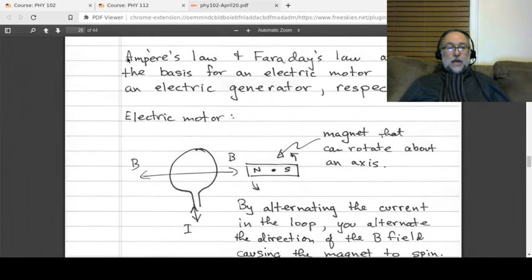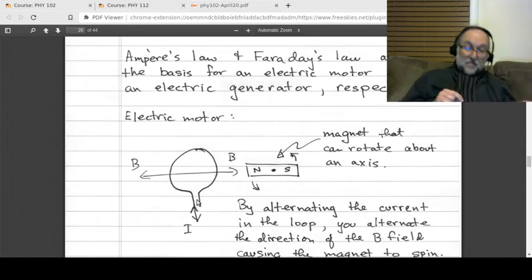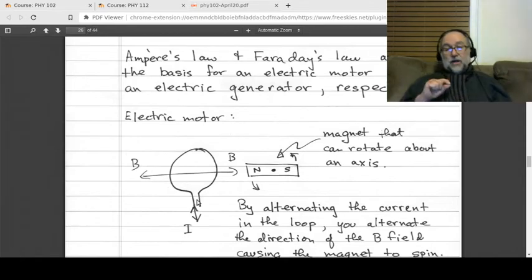And so here, an electric motor, how does it work? Well, we have a loop of wire like that, and we don't just apply the current in one direction, we apply an alternating current. So one moment the current is traveling one way, and then we turn it around and have it travel in the other direction. Of course, by Ampere's law, this means that you're going to get a magnetic field, but the magnetic field itself is going to alternate in direction.